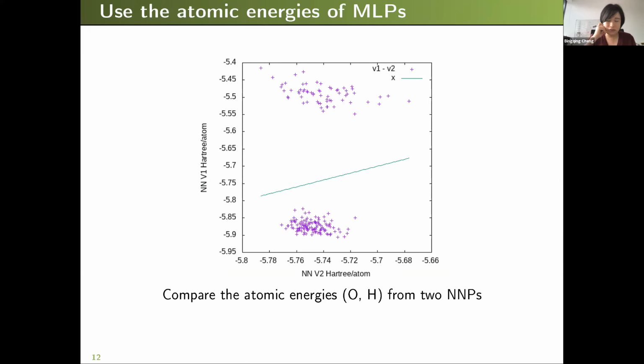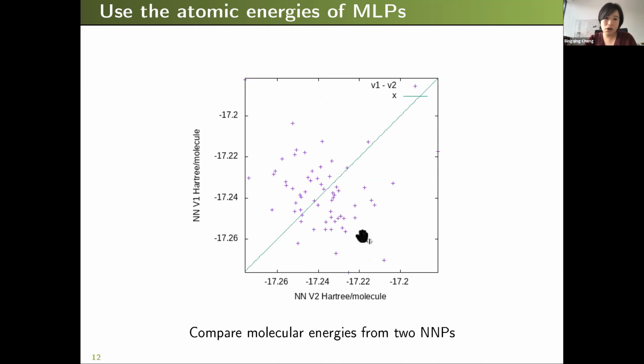To show this, here I'm showing you the atomic energy for a water potential. There's oxygen and hydrogen coming from two different fits of the machine learning potential. And you see they are not correlated at all. So although the global behavior of these two potentials is relatively similar, the atomic energy is not a physical quantity.